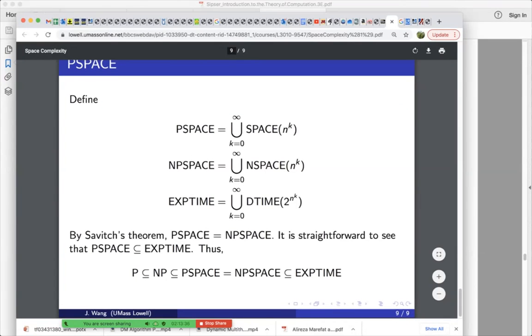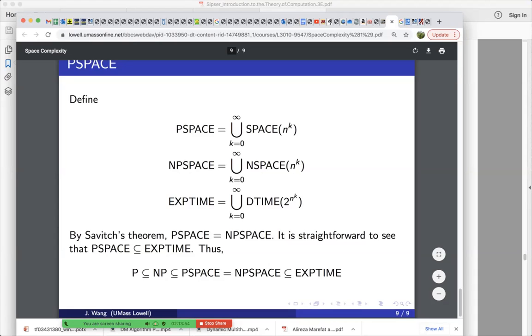So the last slide is simple. It just defines classes. We define PSPACE, where P represents polynomial space. That means it is the union of space of n to the k, for k from 1 to infinity.